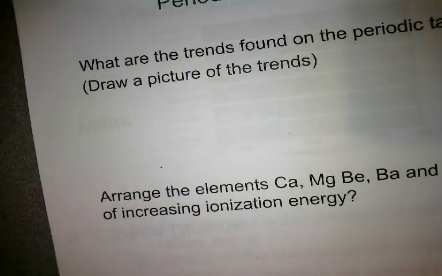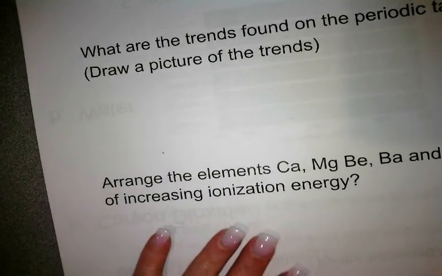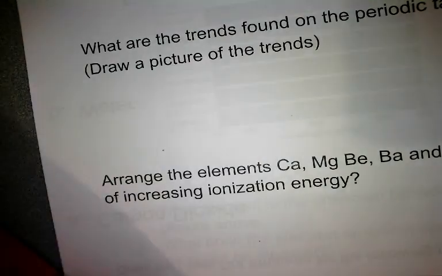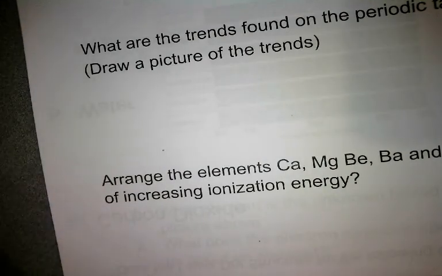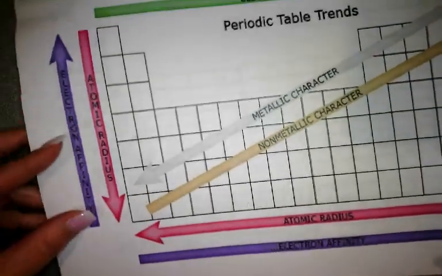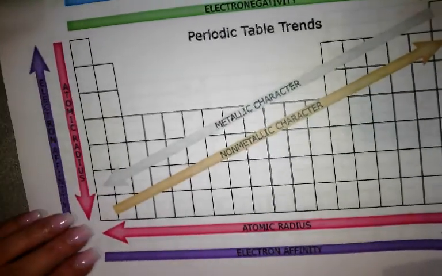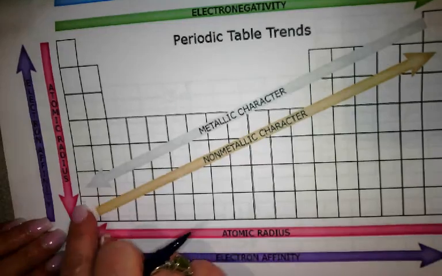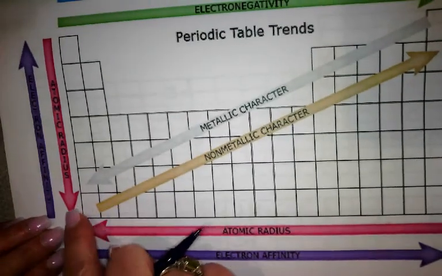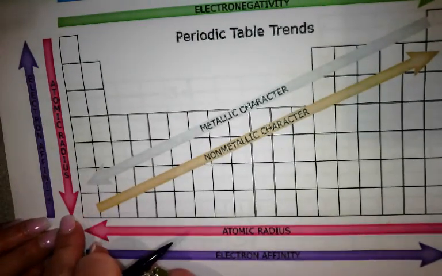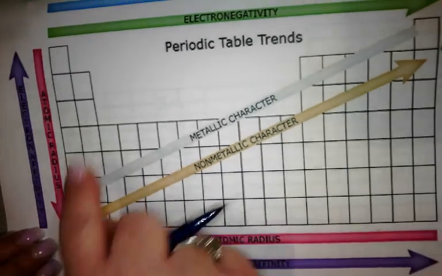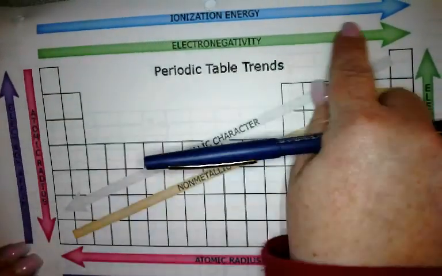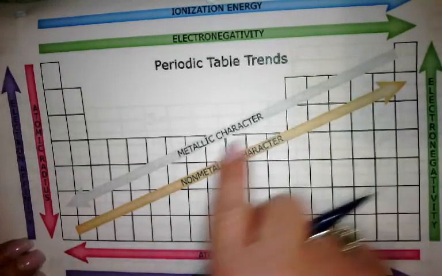Okay. What are the trends on the periodic table? So I gave you guys this periodic table trends. I'm going to give you another one as well to help you with the test. But these are all the trends that we have. So we have electron affinity, atomic radius, electronegativity, ionization, metallic characteristics, non-metallic characteristics.